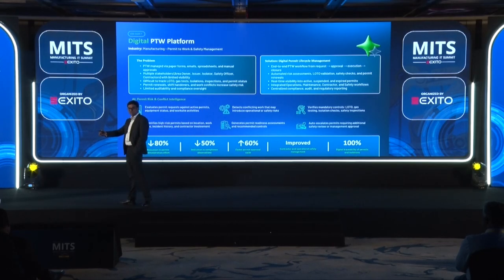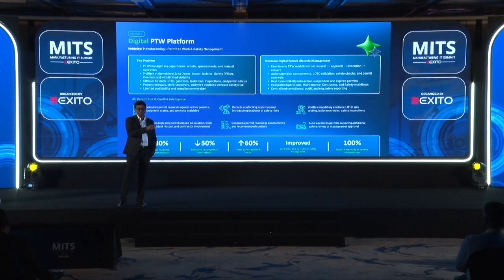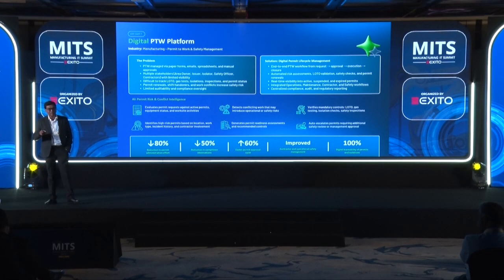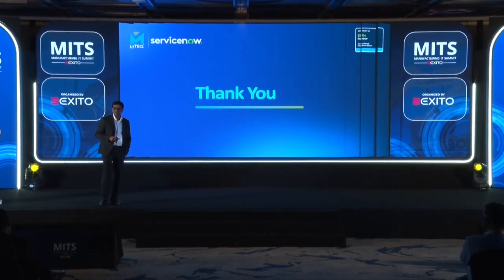In case of any failures or disaster, what needs to be shut down, which location has to be shut down, and if that location has to be shut down, what is the alternative path to it? That's a digital twin that we can have in place along with your work permit order.